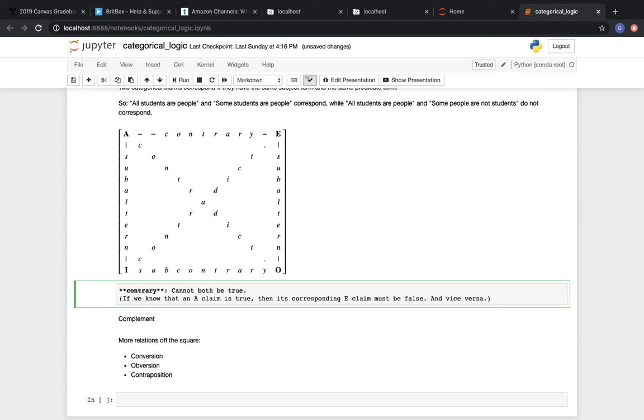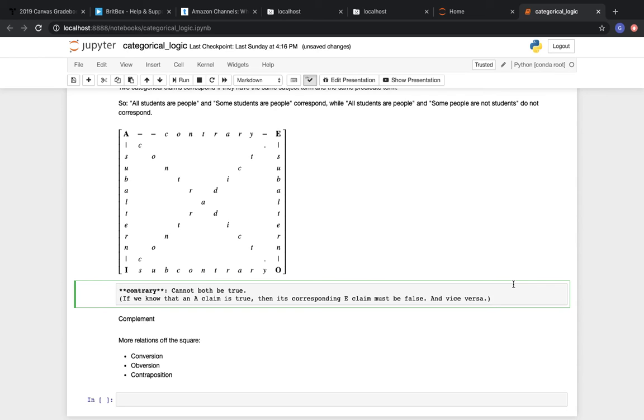Now you have to be careful with this rule. It doesn't say that they can't both be false, and in fact they can both be false. It's not too hard to see that. If we take a claim like all mammals are dogs, that's clearly false. But of course, it's also false that no mammals are dogs, because some mammals are dogs. So they can both be false, they cannot both be true. And so that licenses this type of inference. If I know that an A claim is true, then its corresponding E claim must be false. Okay?